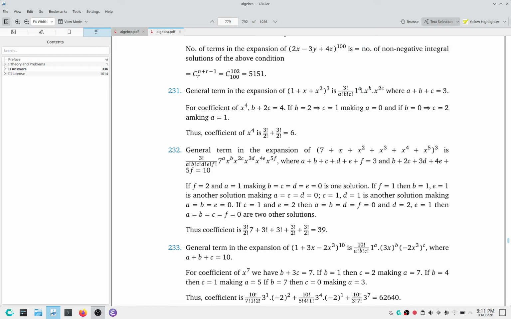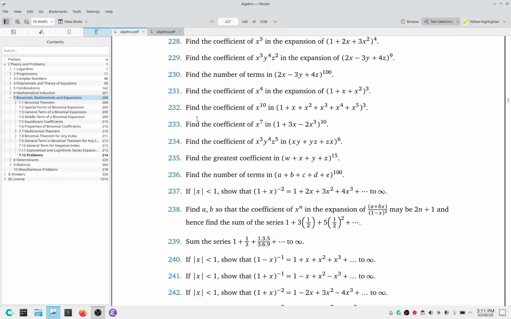So the total of this would be b plus 2c, which can be 4. So the coefficient of x to the power 4 is 3 factorial upon 2 factorial plus 3 factorial upon 2 factorial, that is 6. This looks like a calculation mistake here.